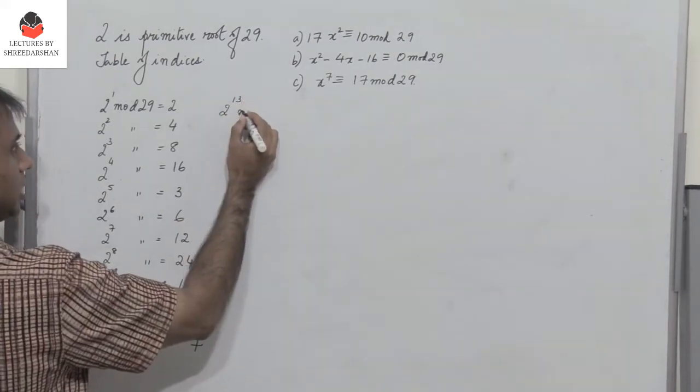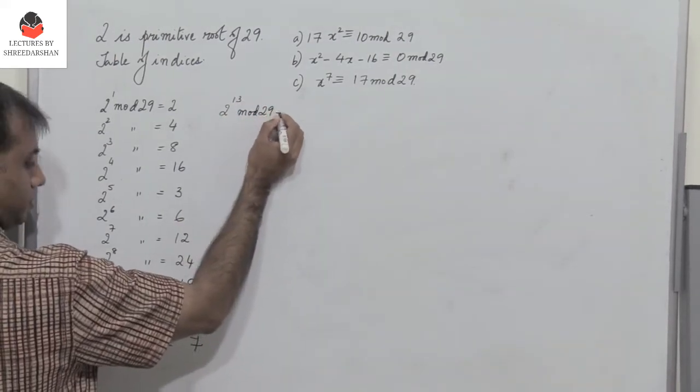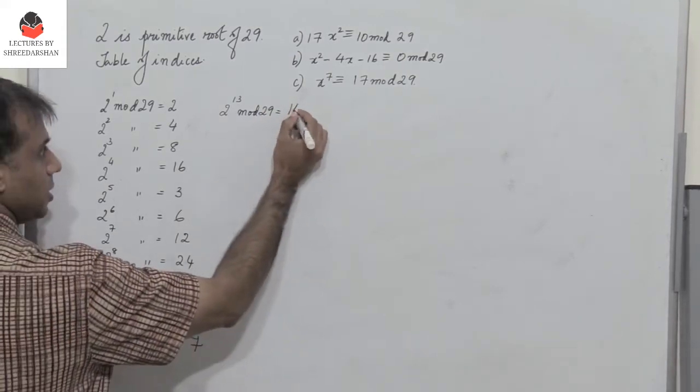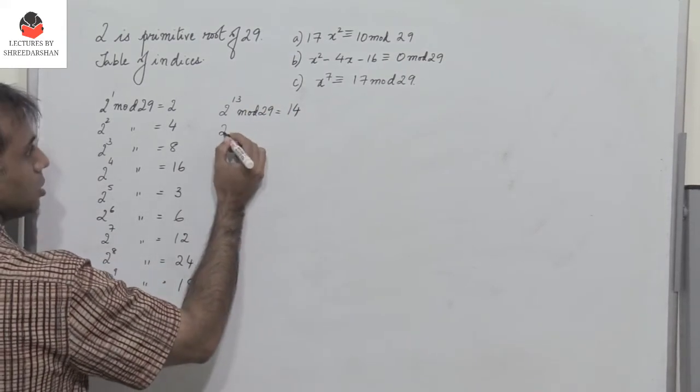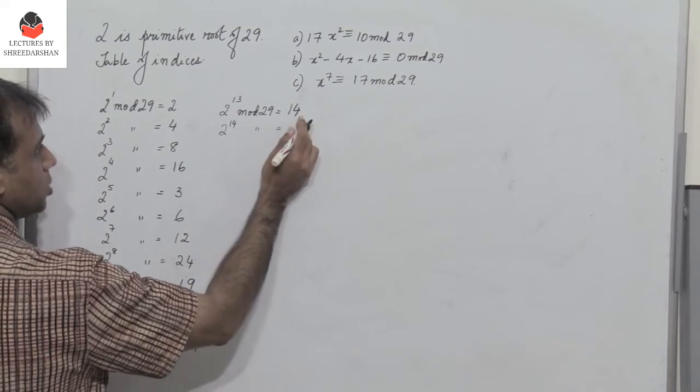2 power 13 in mod 29 is 7 into 2, which gives me 14. 2 power 14 in mod 29 is 28.